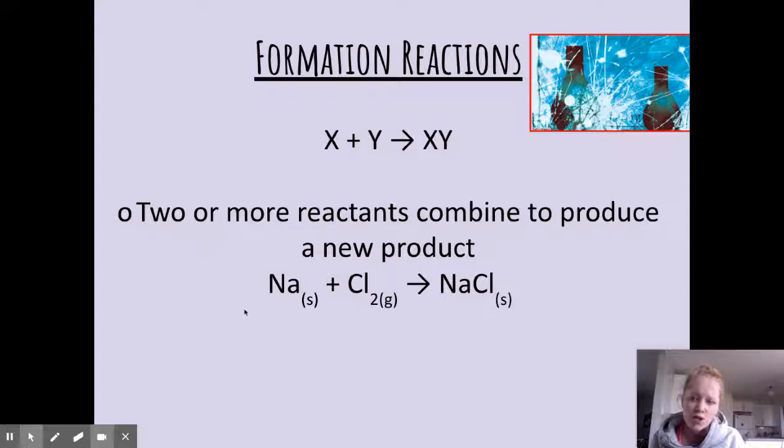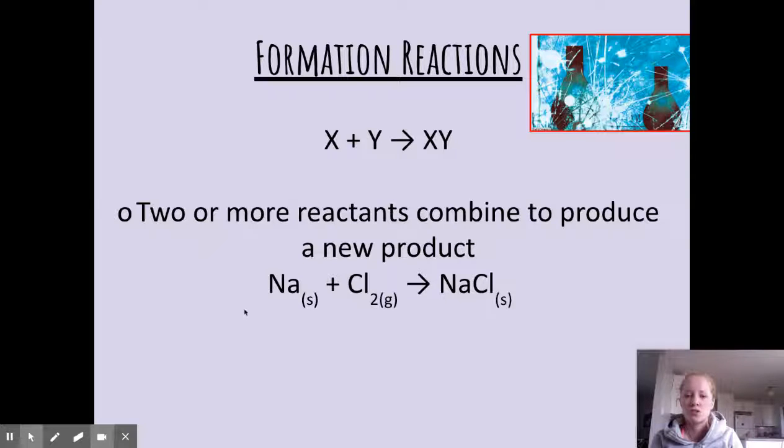By the end of it, you should be able to, given any example, identify what kind of chemical reaction type is happening. And then in our next lesson, we are going to learn how to predict what our products are based on what our reactants are and knowing that we have our 5 types of reactions.